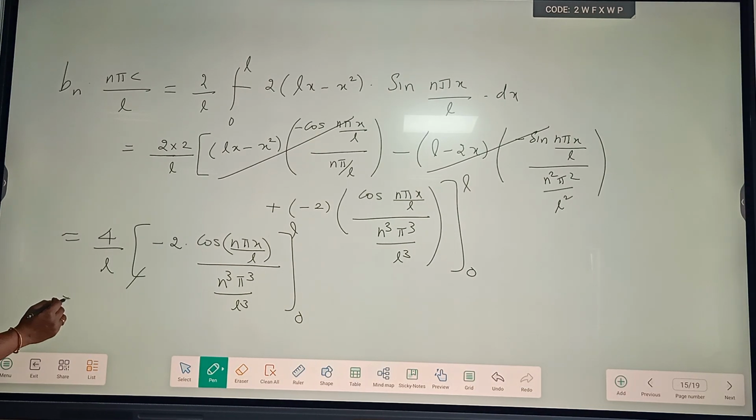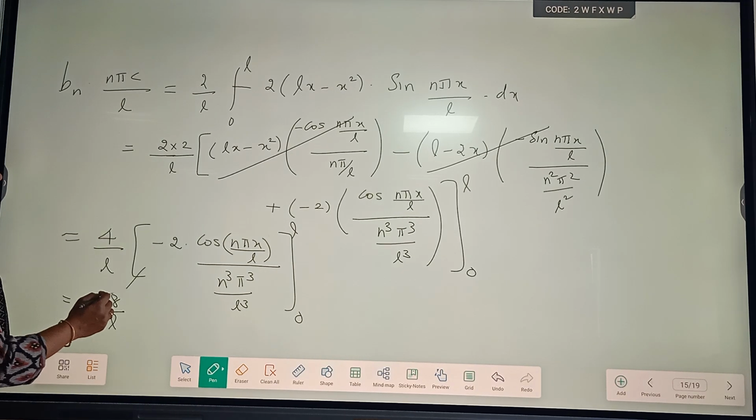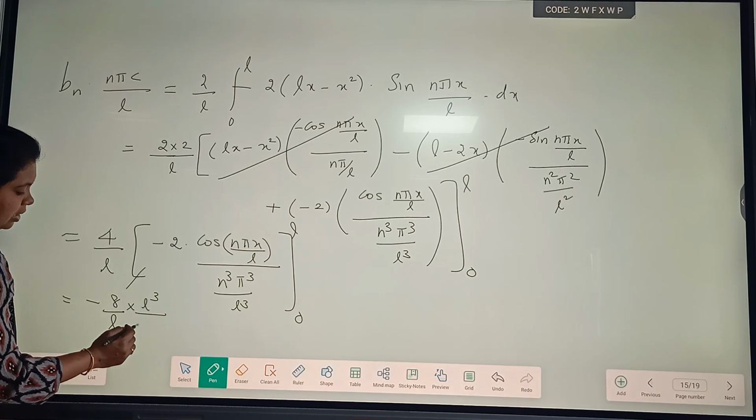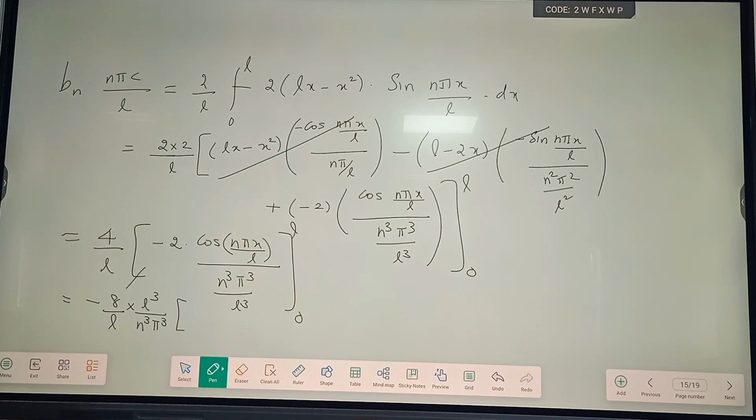So what do you get here? Minus 8 by L. Bring the term to the denominator, so L cube by n cube pi cube. Okay, apply the limit now.